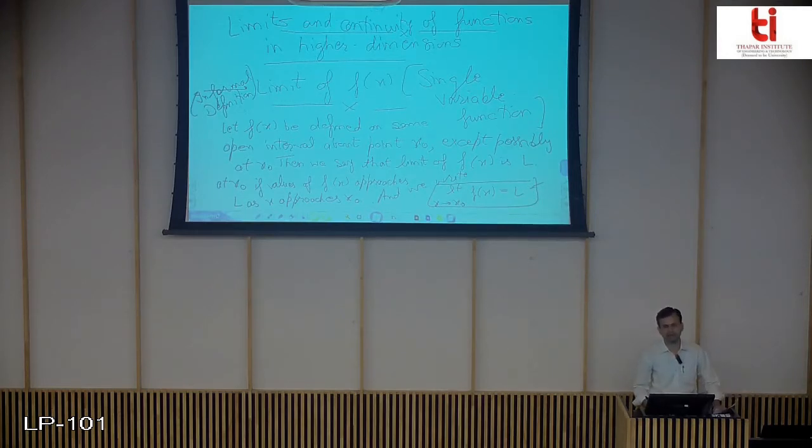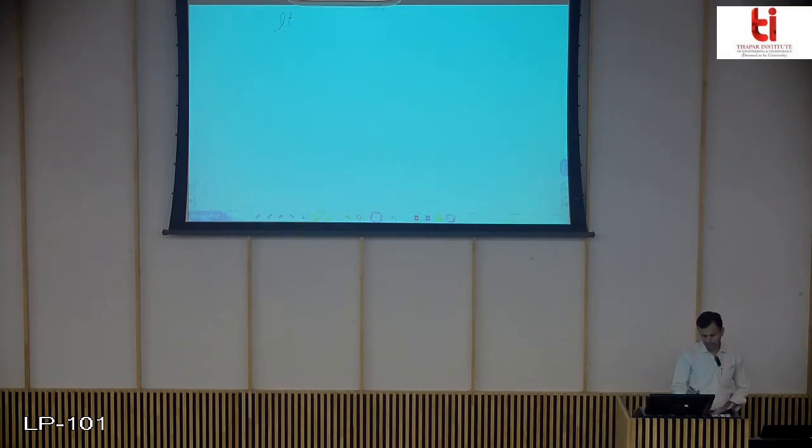It simply says that the limit of function f(x) is L when the value of f(x) approaches L as x approaches x naught. So in that case we write limit of function f(x) as x approaches x naught equals L, which means the limit of function f(x) exists and is equal to L.